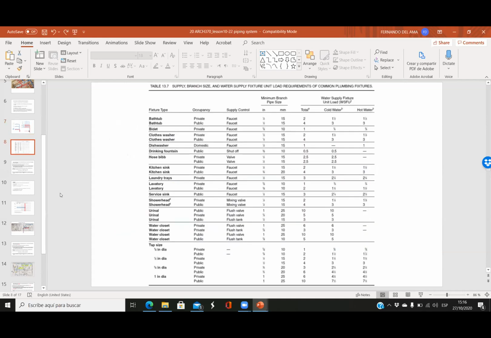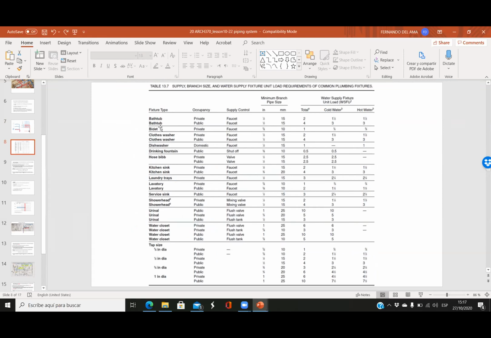And then there are different tables. Okay, so we have to use this table to find out the water fixture units. So this is the water supply fixture units, WSFU. And we have for cold water and hot water. And here we have a list of fixtures.